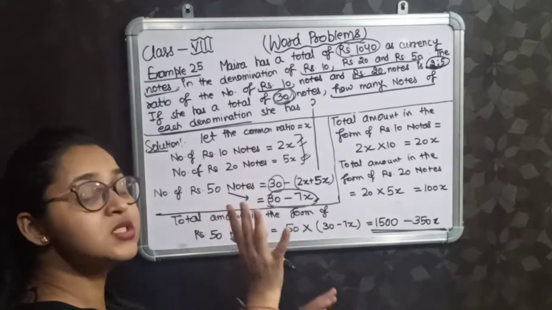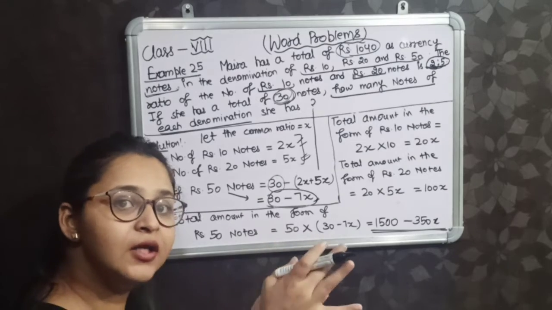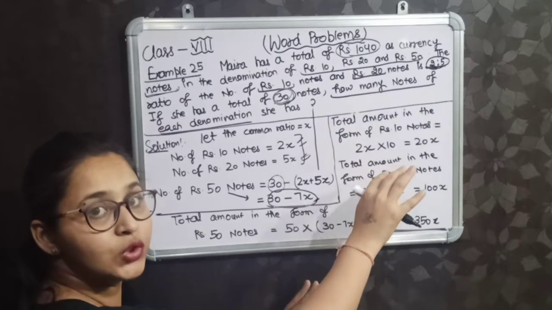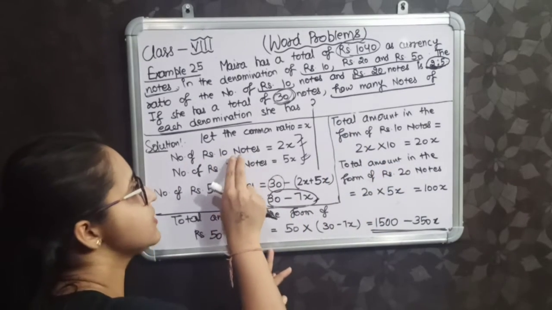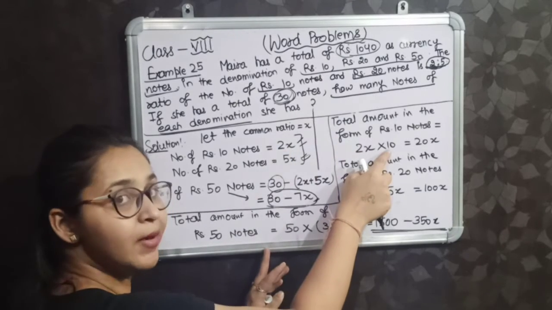Now, these are just the number of notes, but I have some money, and for the amount of money, what will I do? I will find the amount. If my notes of rupees 10 are 2x, then the total amount will be 2x multiplied by 10.